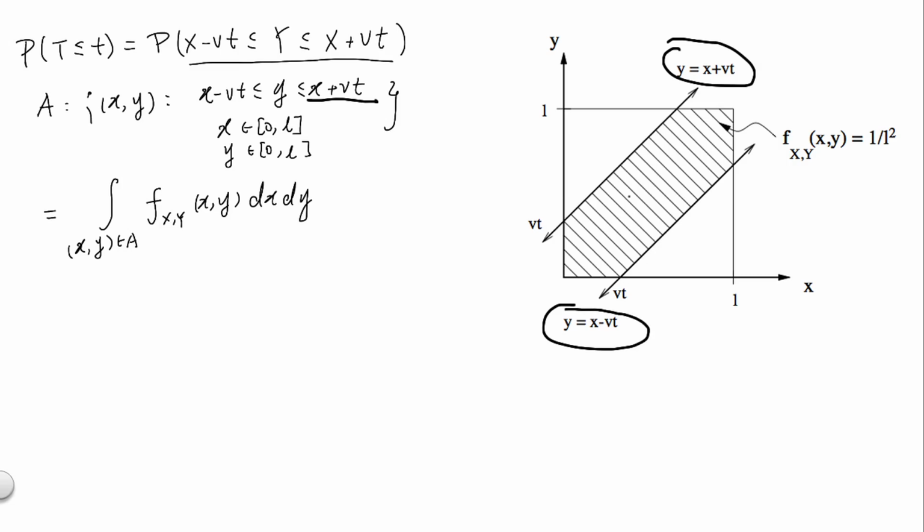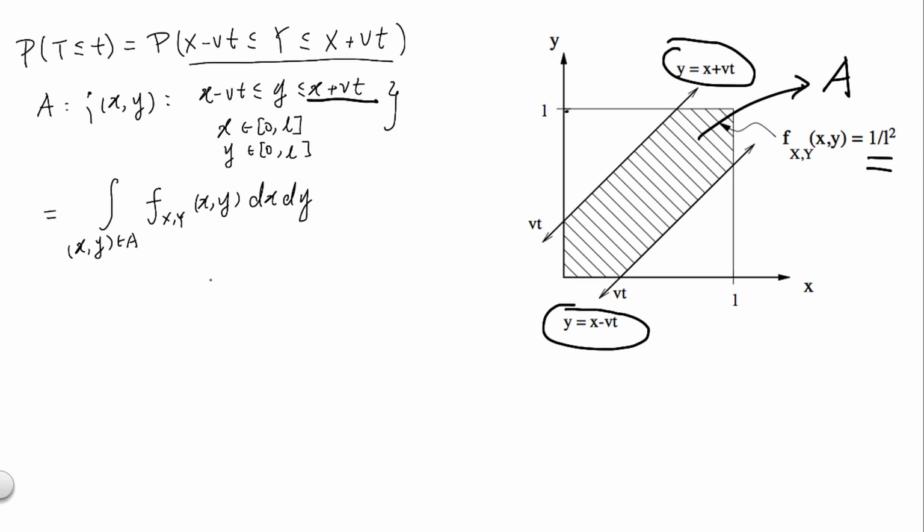So these are the values that correspond to the set A. Now that we have A, let's look at f of XY. We know that both X and Y are uniform random variables between 0 and L, and therefore, since they're independent, the probability density of X and Y at any point between 0 and L is precisely 1 over L squared, where L squared is the size of this square box.